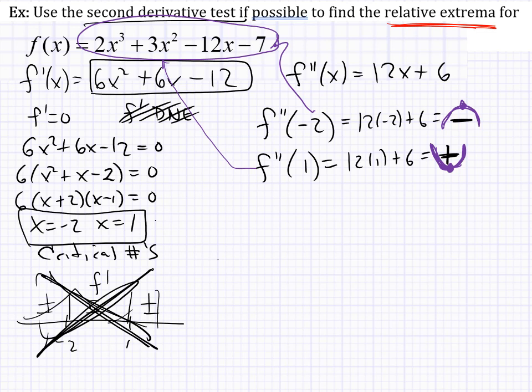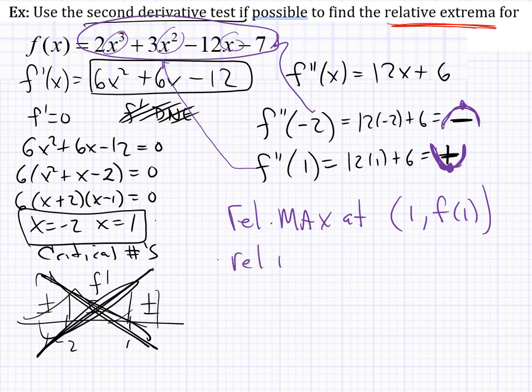Now clearly this function being a polynomial will be defined, so this tells me I have a relative max at 1, say f of 1, whatever f of 1 ends up being, plug 1 in here, here, and here, you can find f of 1, and a relative min at negative 2. Oop, I reversed these completely.